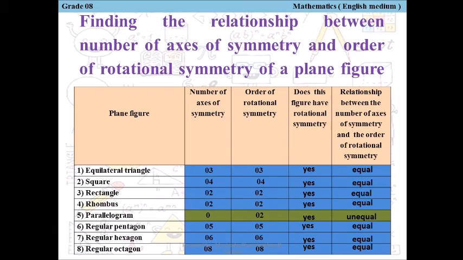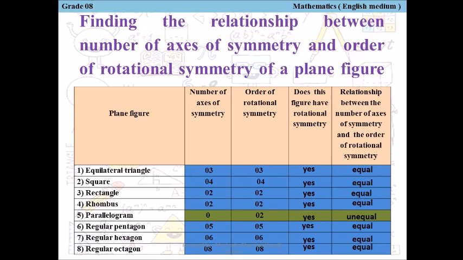What do you get from this table? Can you see? The plane figures with rotational symmetry are always bilaterally symmetrical plane figures. But is it correct? Did you hear that?